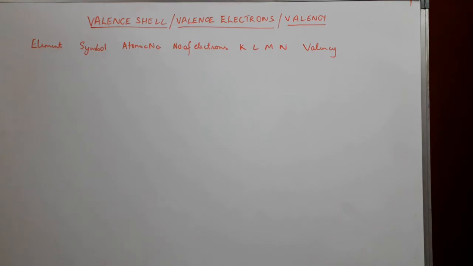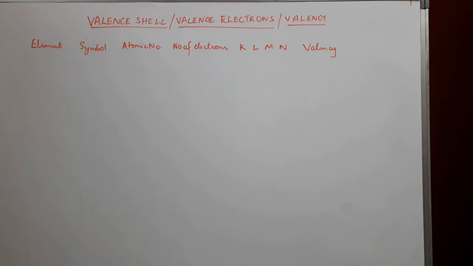So if the number of valence electrons in the outermost shell is 1, then the valency of that particular element will be 1. So let us begin by going through the first 18 elements in the modern periodic table, to see how we get valence shells, how we get valence electrons, and ultimately what exactly we mean by saying valency of a particular element.